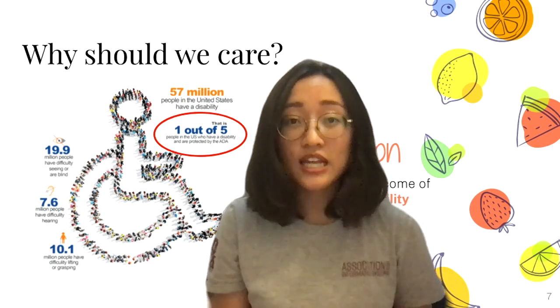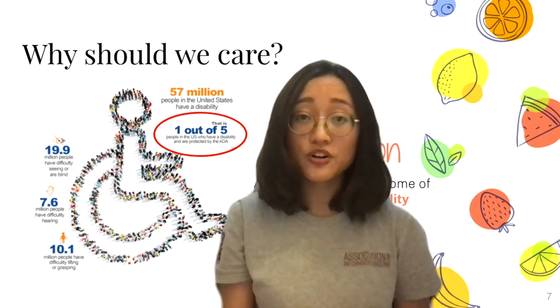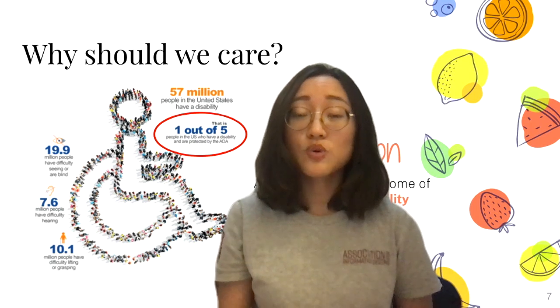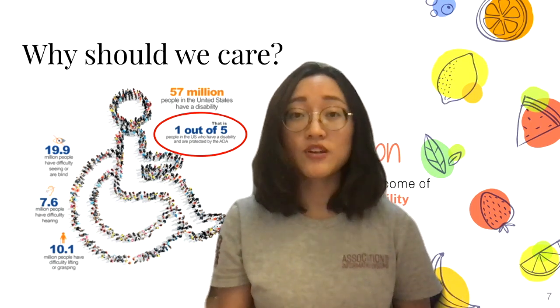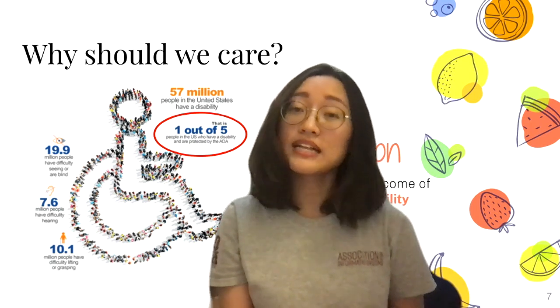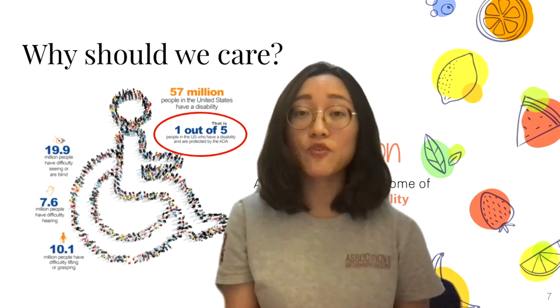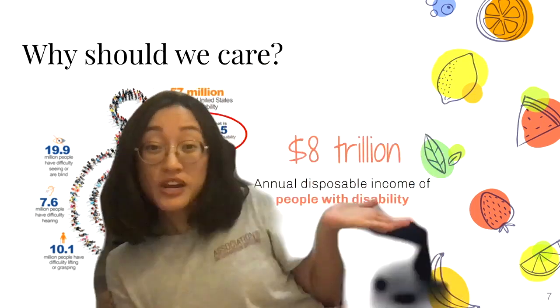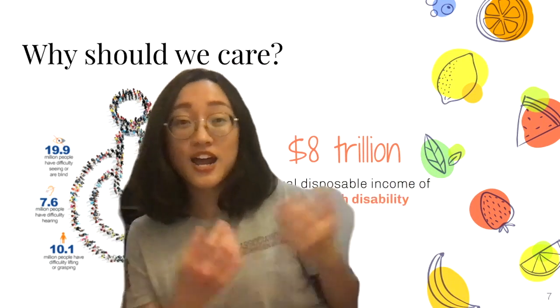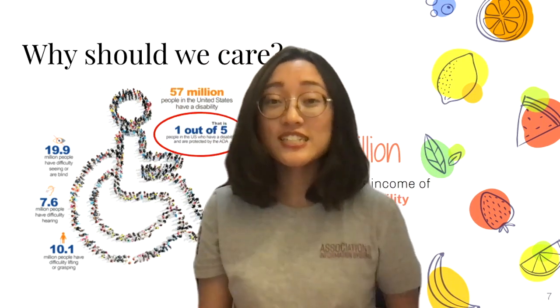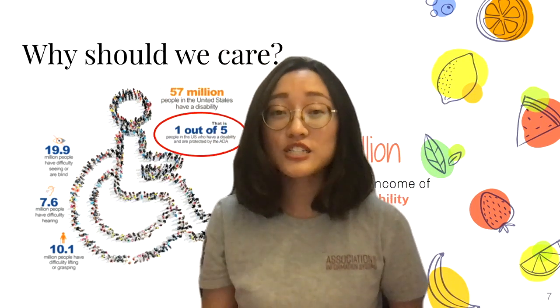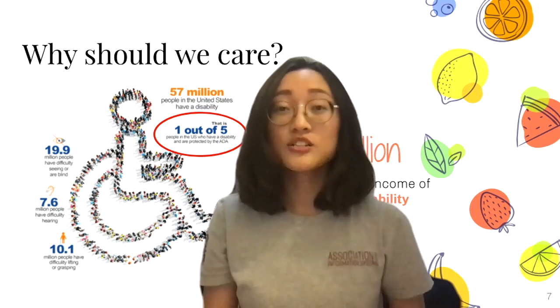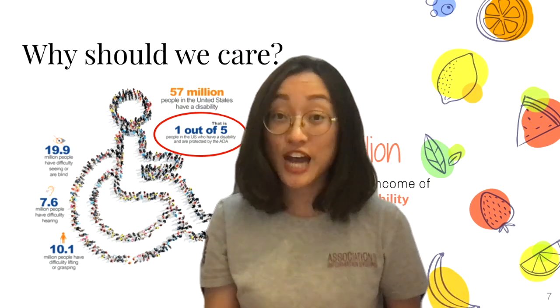And recently, a survey by Accenture accounted the total disposable income of people within the disability community at $8 trillion every year. This is actually the third largest economic power just after the US and China.